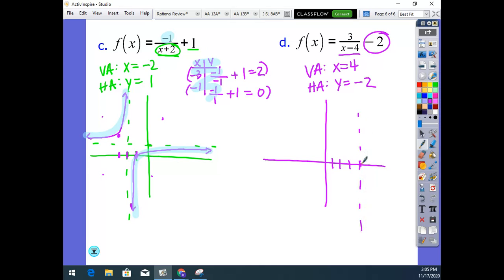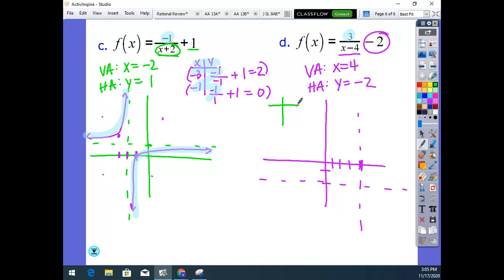This is where x crosses through +4. Y is -2 right here. Based on what we saw, if this is a +3, where would you expect to see the graphs?